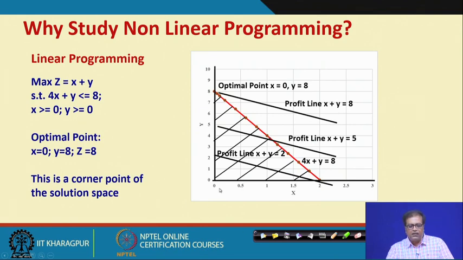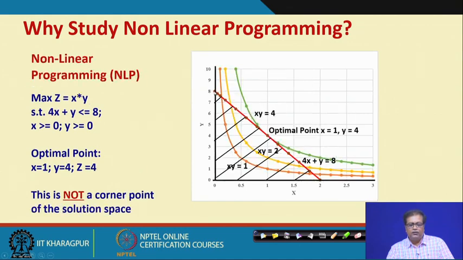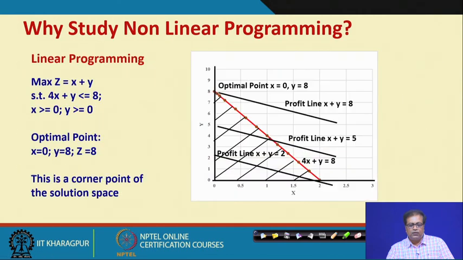You can see that the x and y scales are different, x is 0 to 3, y is 0 to 10, that is why the lines look different. This is the line x plus y equal to 2, this is x plus y equal to 5, and this is x plus y equal to 8. You can see that this line will cut at this point, which is the optimal point, x equal to 0 and y equal to 8.